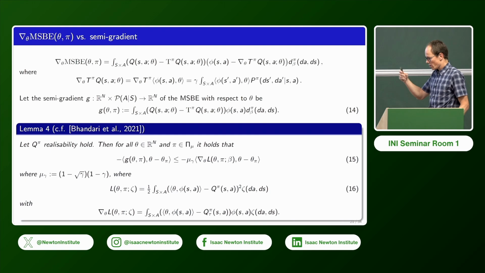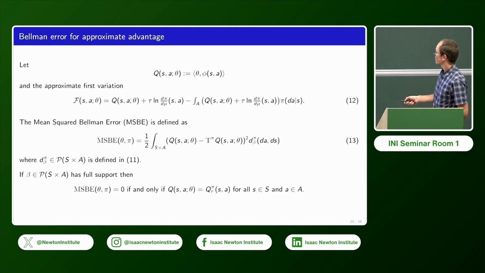So now we are saying, okay, we want to have a gradient flow for the parameters, so maybe we would somehow want to take the derivative of this mean squared Bellman error with respect to theta, but in fact this is not what is done.